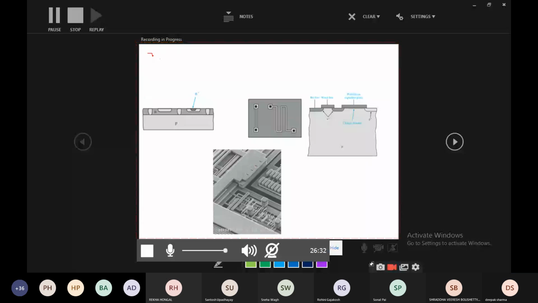Again we know a resistor is a two terminal device. But a transistor is a three terminal device, correct? So emitter, base and collector. So how can this transistor be made to behave like a resistor? How is it possible?